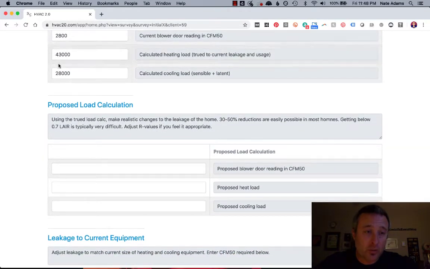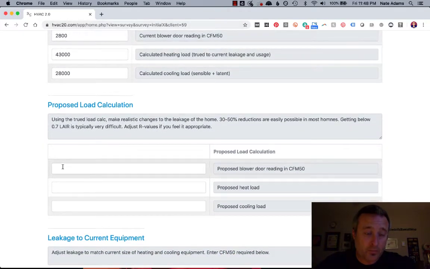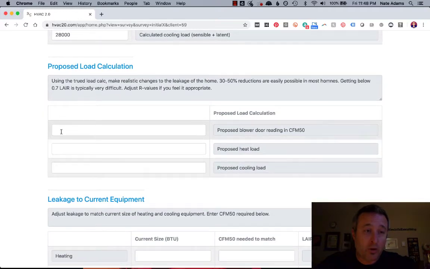Now, we started at a 2,800 blower door, and now we're going to go to the proposed load calc. So whatever you think you can get the house down to, and if you make insulation upgrades, sometimes you're going to go to a house that has no insulation in the walls and nothing in the attic. You can model whatever you want. But here is the proposed blower door. We started at 2,800. Let's say we're going to aim for 1,400.